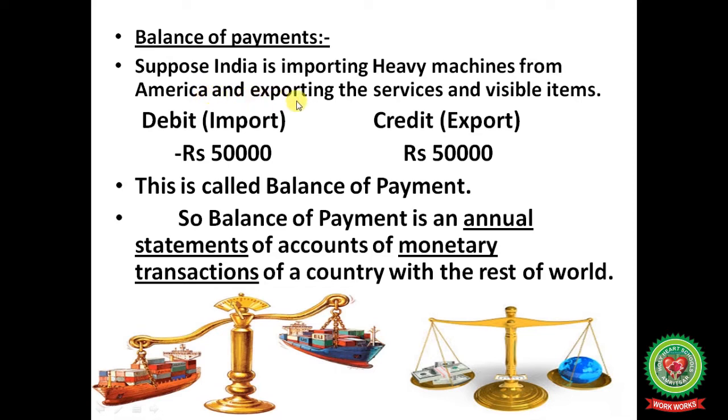And what we are exporting to America, that is services and visible items, worth rupees 50,000, and this amount will be entered in the credit side, in the export side, in our account balance. So this is called balance of payment because the debit and the credit, both terms are equal. So there is a balance of payment.